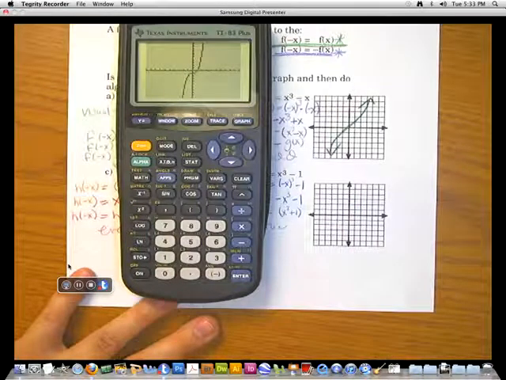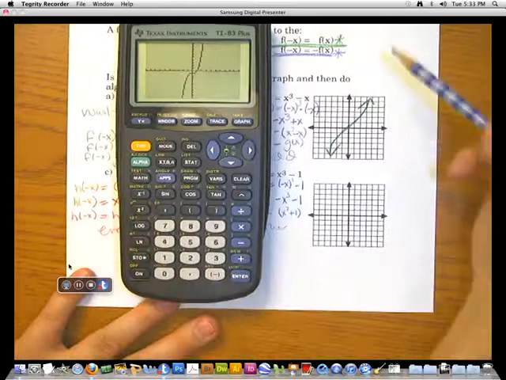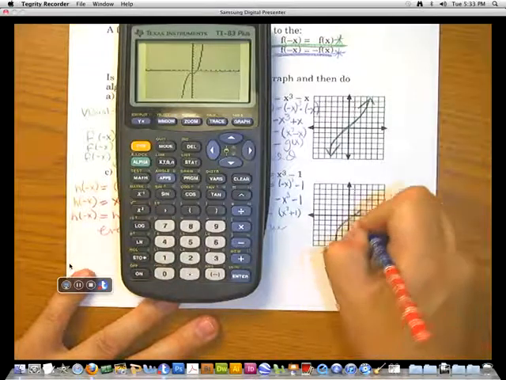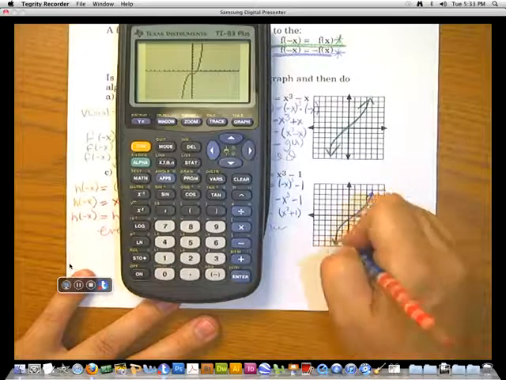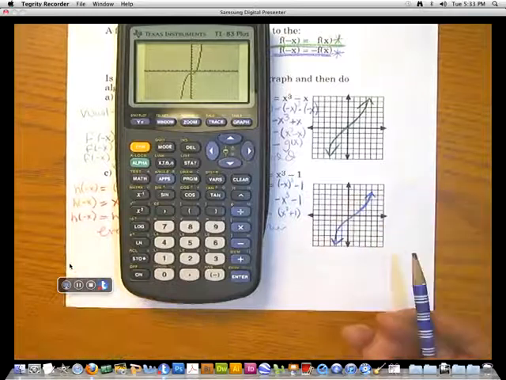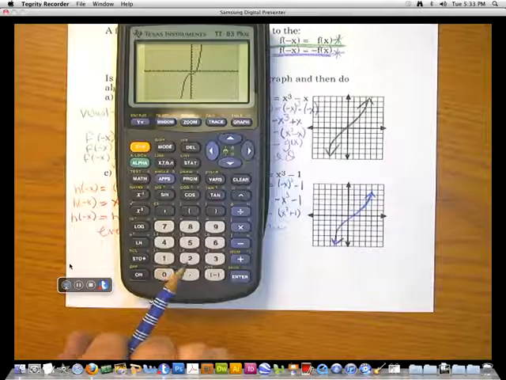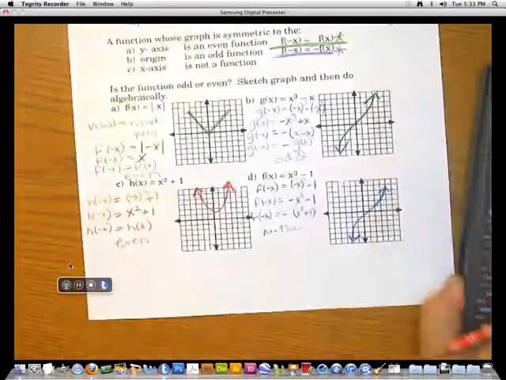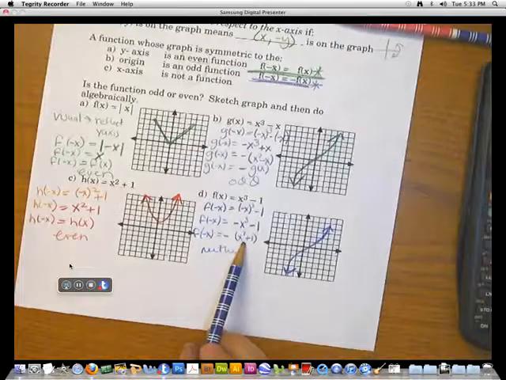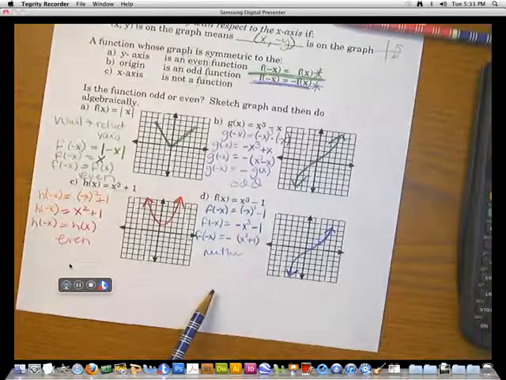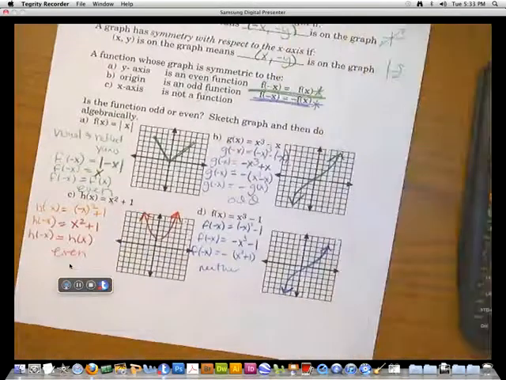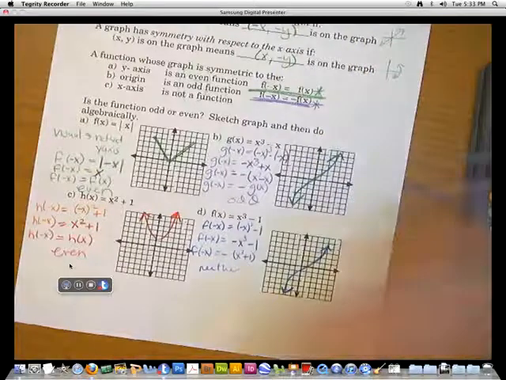It's just not odd and it's not even. But there's my picture, because it does not reflect over the y-axis, and it does not reflect over the origin. So it is neither, and we proved algebraically that it is neither. All right, so that will take care of 1.2 for us.